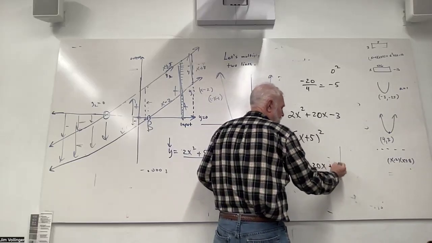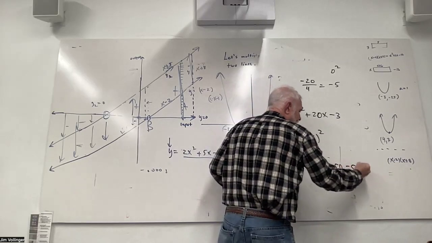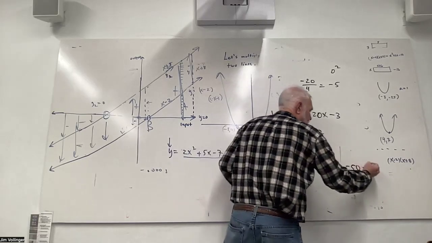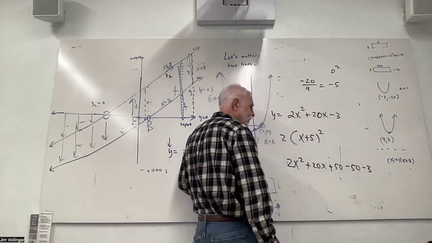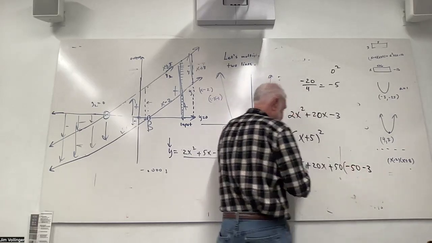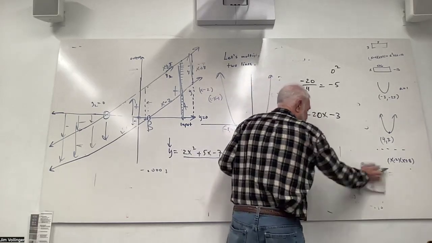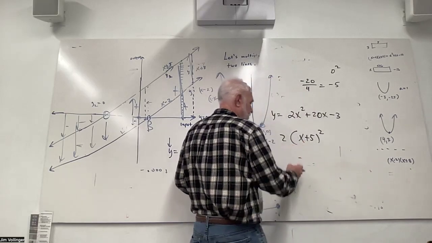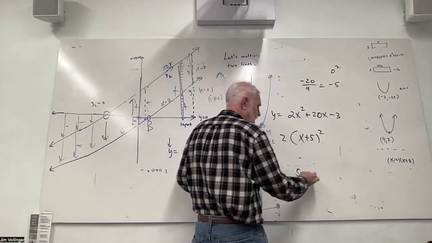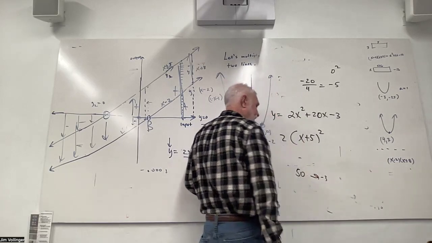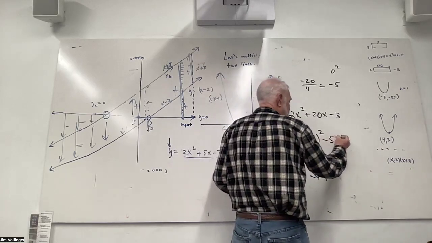And I don't really want that 50, so I'll subtract it out of the problem because I want it to end with negative 3. Sure looks like if I put a 0 in here, I get 50 units, but I don't want 50 units. I want negative 3. I guess I better go down 53 units.